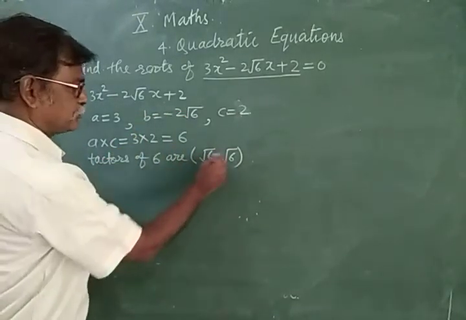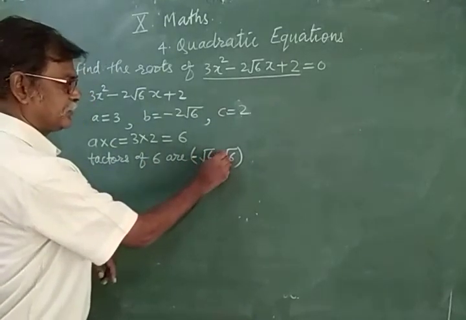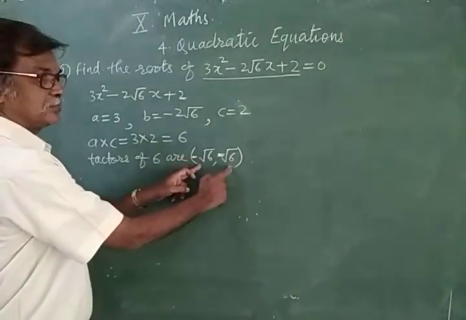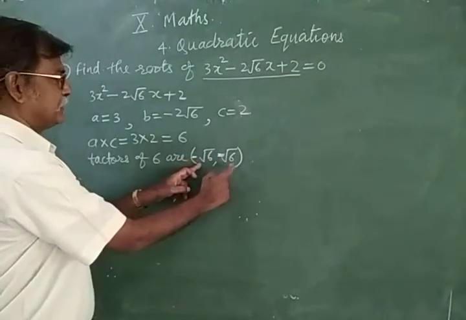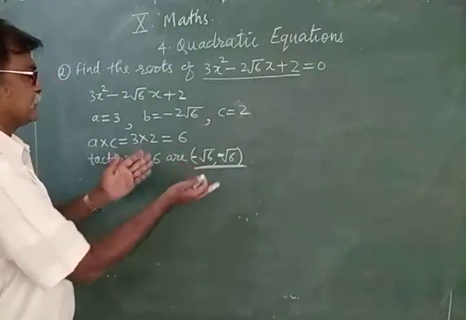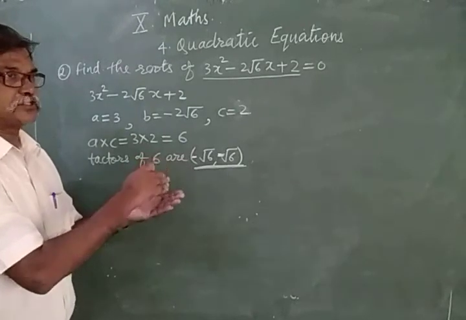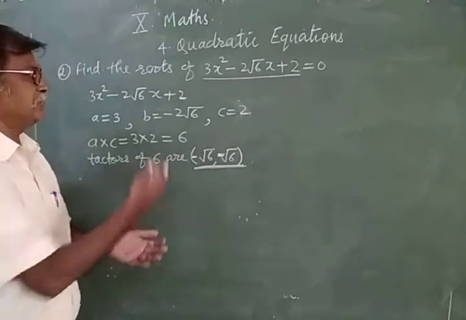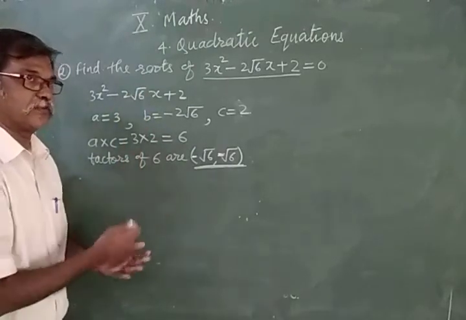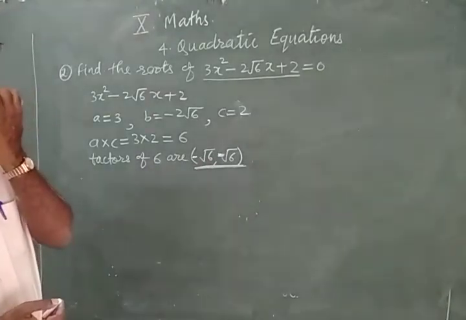It means both should be negative. Then their sum is minus 2 root 6. And therefore these are the required factors. Otherwise we will take 1, 6, minus 1, minus 6, 2, 3, minus 2, minus 3. But their sum will not contain root 6. So only these are the factors.